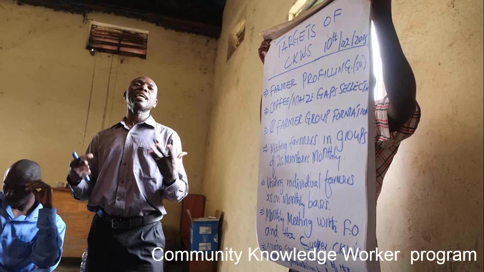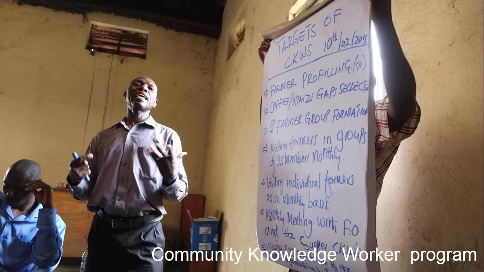We train them on extension, and we facilitate this with a mobile application that has a lot of content on the value chains their farmers are interested in. These 300 CKWs work with over 15,000 farmers in Uganda at the moment. They disseminate information on good agricultural practices through two methods: one-to-one farm visits and group meetings.